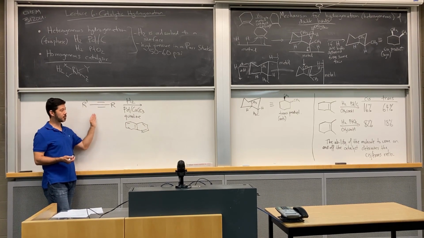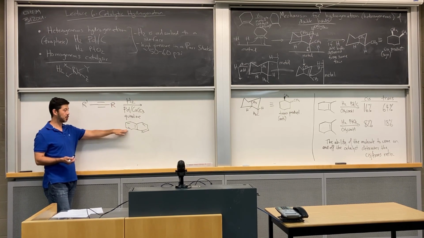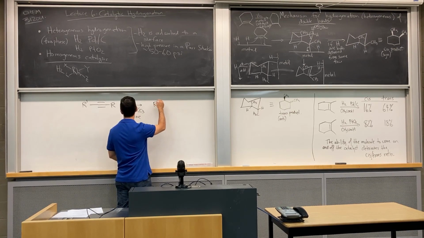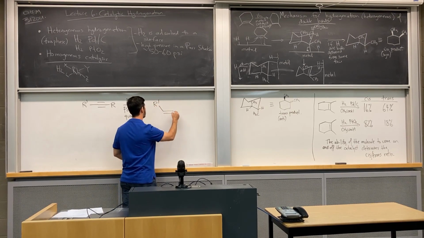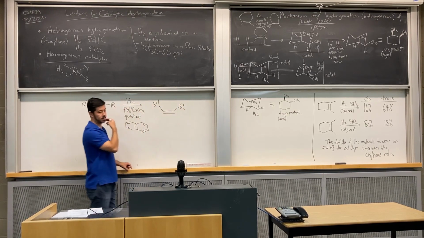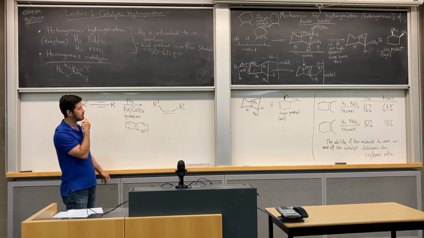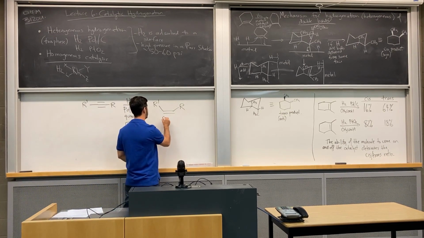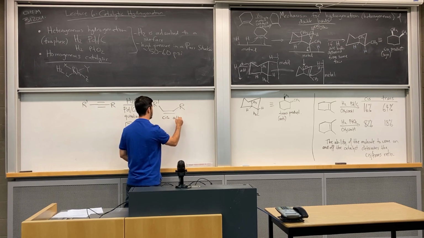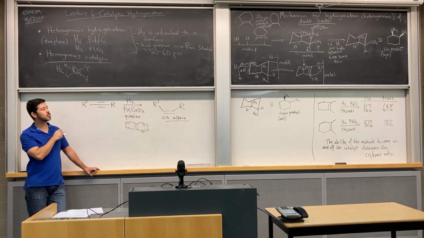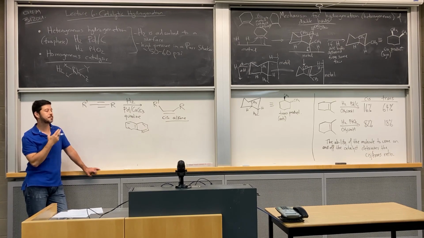Now, if you do this reaction with these conditions and add this molecule here, you're going to end up generating this compound here, which is a double bond, and this is a cis double bond, a cis alkene.